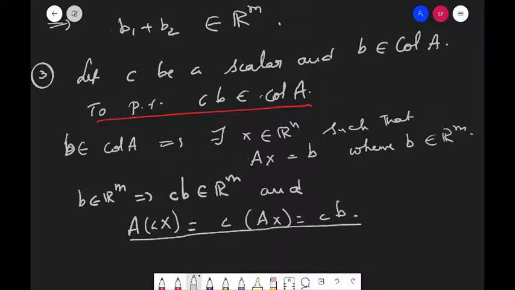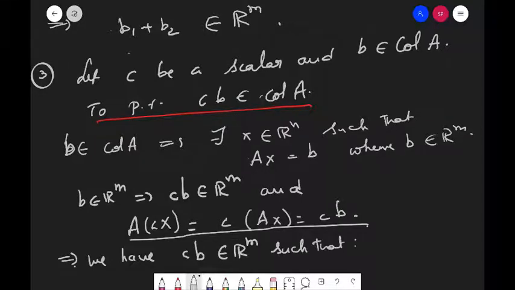So this, if you observe, implies we have cb belonging to Rm such that A into cx is equal to cb, where cx belongs to Rn.